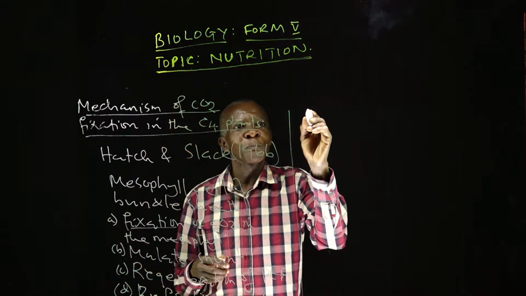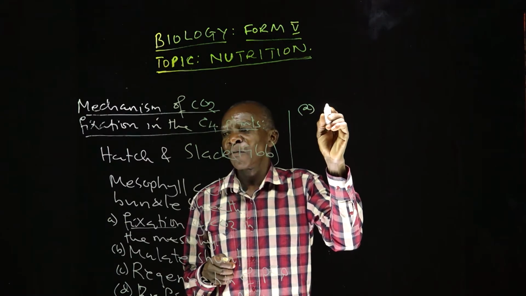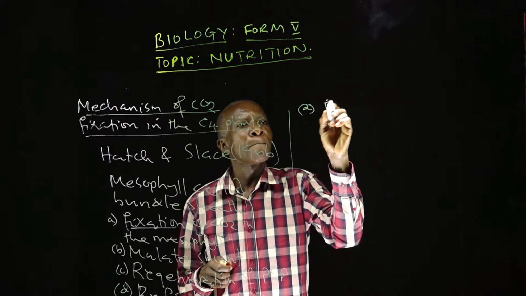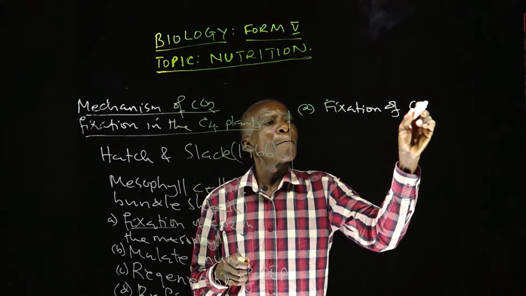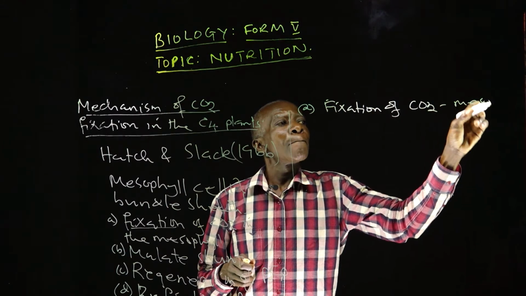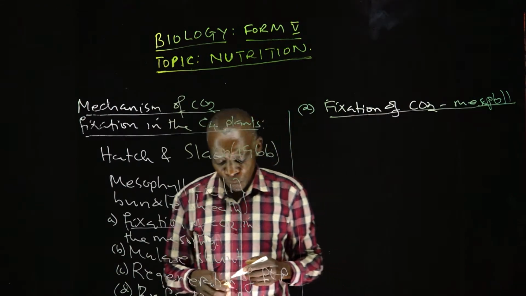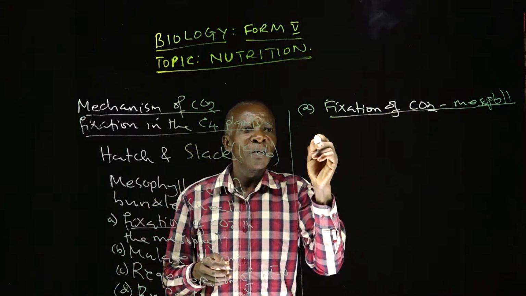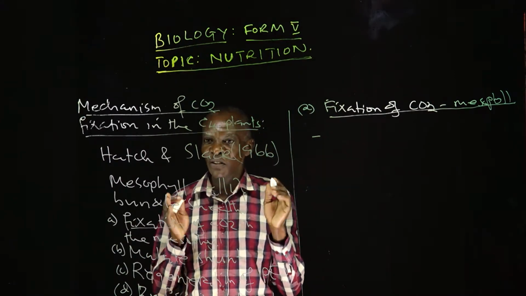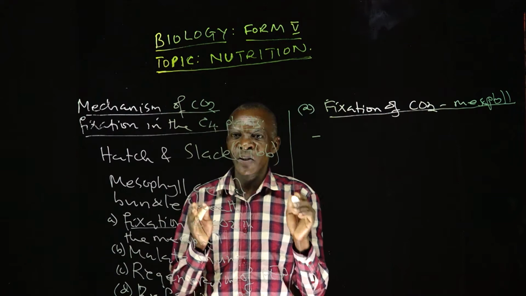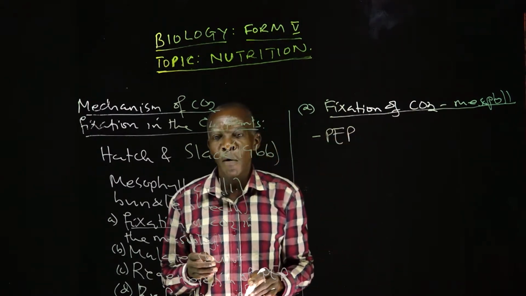Now let us see the first step, that is fixation of carbon dioxide in the mesophyll. Well, in the mesophyll cells, the substrate for carbon dioxide fixation is phosphoenolpyruvic acid.